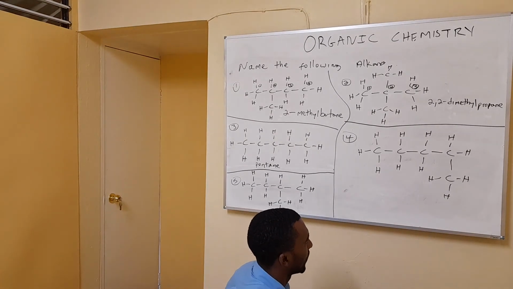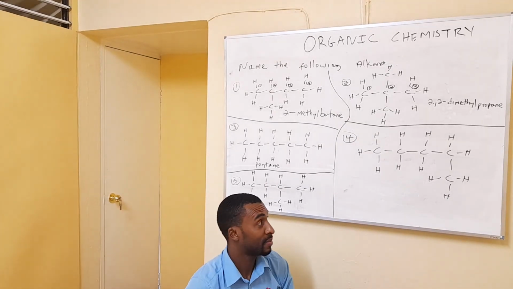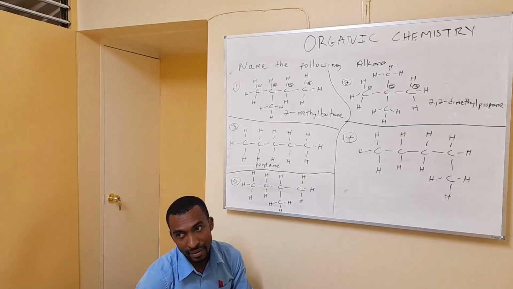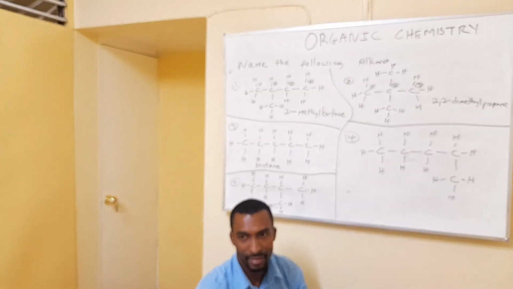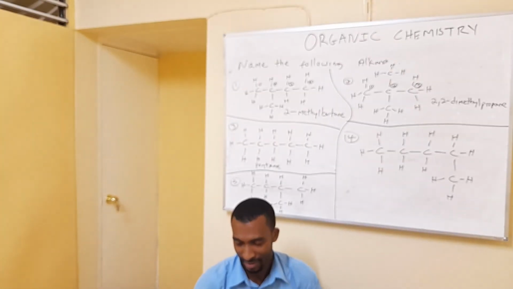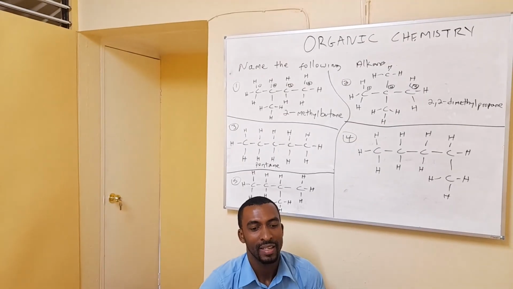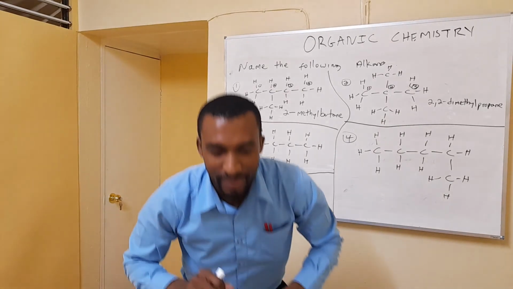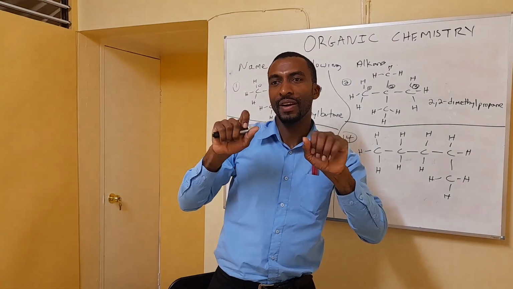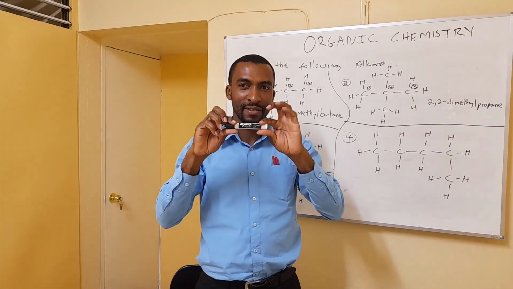Number 4. Do we have a branch in this compound? Where is the branch? At the end of the first compound. Yeah, and that's what I'm telling you. It's not a branch. It's the main chain, if you want to say it that way. It's just a straight chain. Remember that even though at this level we're not showing the correct angle and orientation, these molecules are not rigid and stiff.